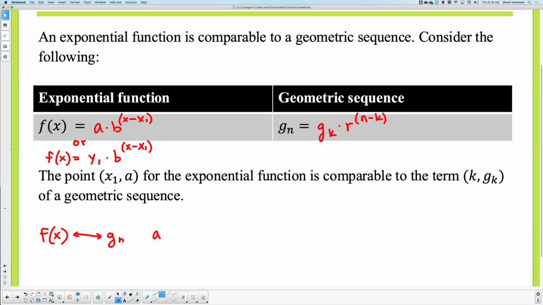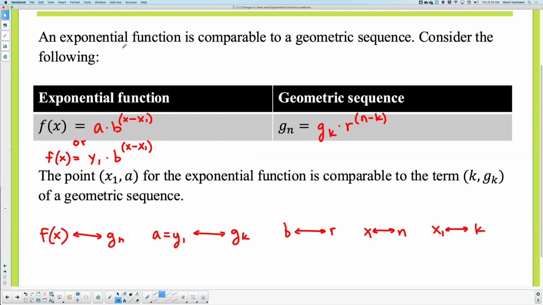What is a or y1 comparable to? A or y1 would be comparable to gk. Good. What is the base b comparable to? R, the common ratio. And x would be comparable to n. Finally, last one, x1 is comparable to, okay, you got it.